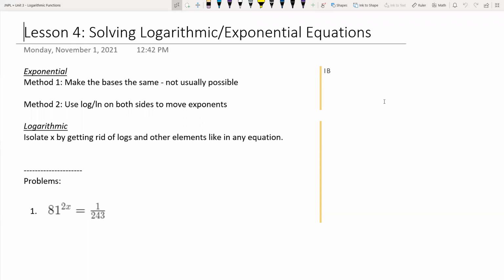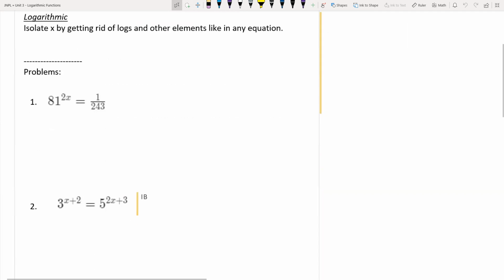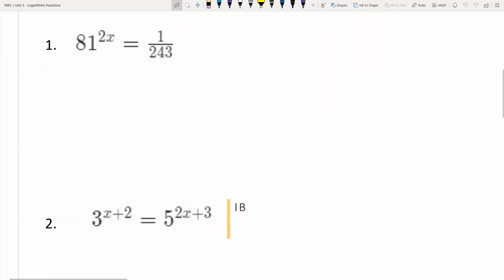And for the logarithmic ones, we just want to isolate x, and you might have to get rid of the logs, but you can't really say what you have to do for every one because it can be a little bit different. So let's see what we do for the first one. That's kind of a general idea, but it's different for everyone.